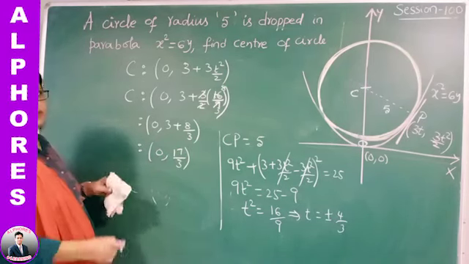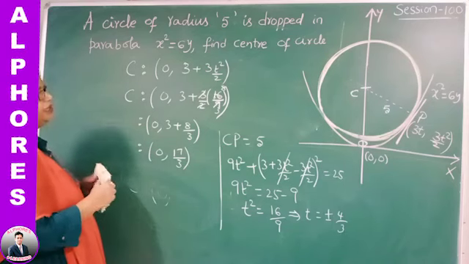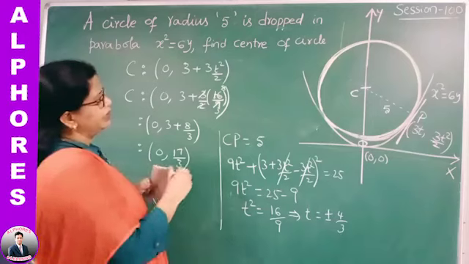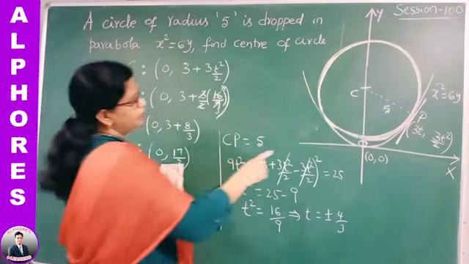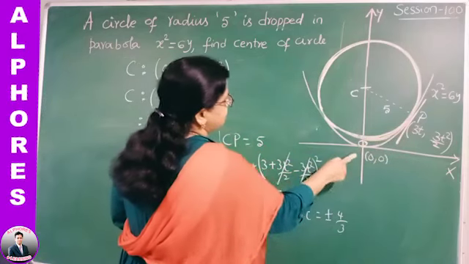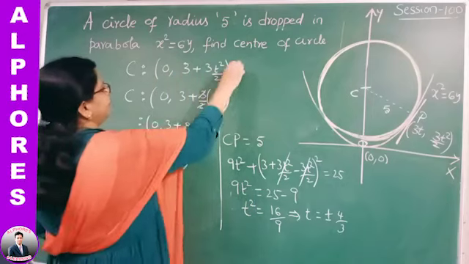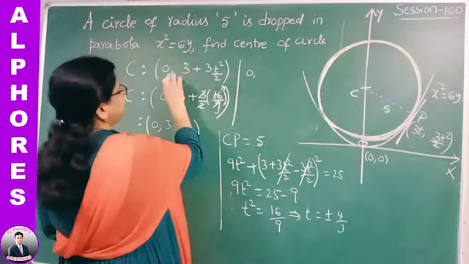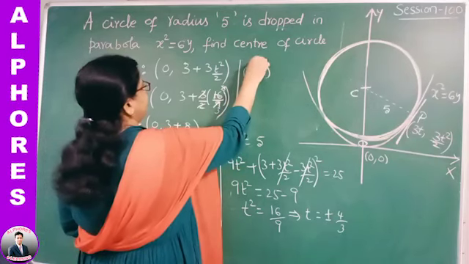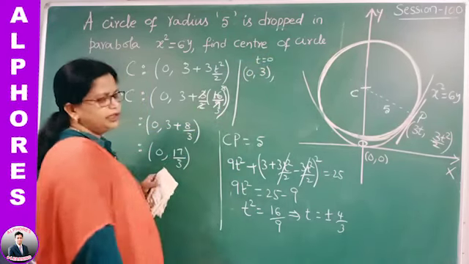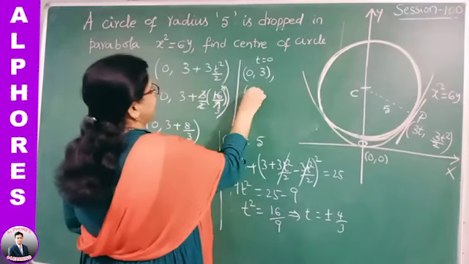Now the other case you may think about is when t is equal to 0. Okay, when t is equal to 0, what about this one? It is (0, 3). And what about here if I substitute t equal to 0? That is nothing but (0, 0). That implies when t is 0, this is (0, 3), and the other point, if I put t as 0 there, it is (0, 0).